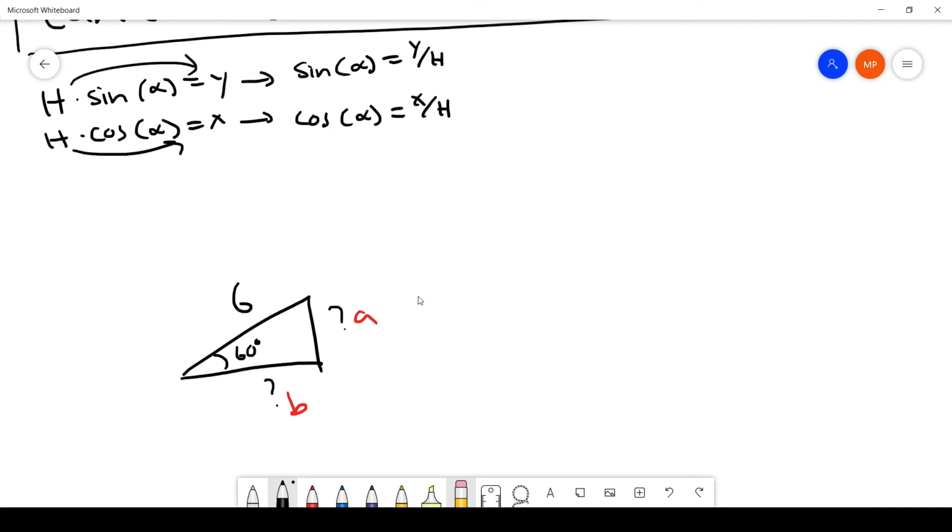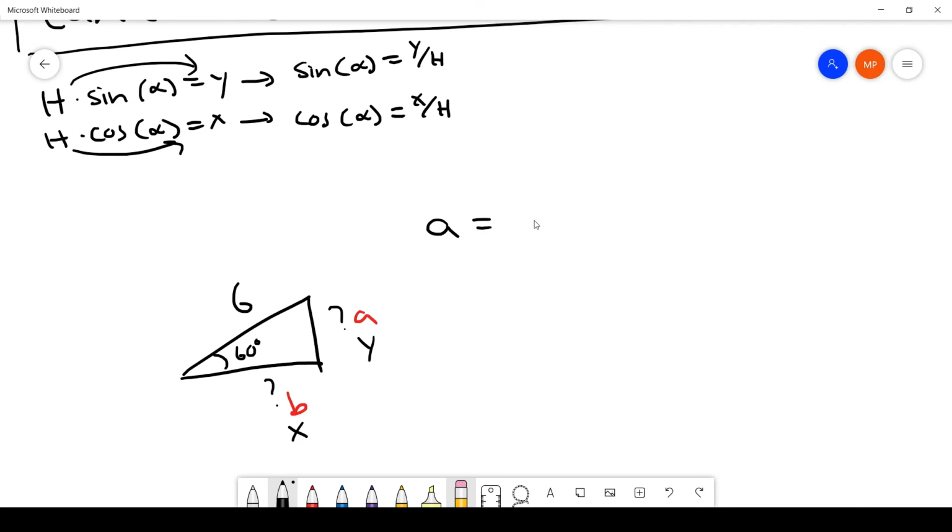Well, in this case, we can use method 2 here, and say that, okay, if we want to know A, this is our y here, this is our x.